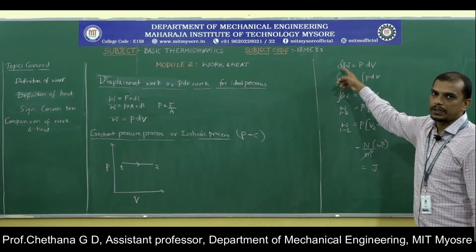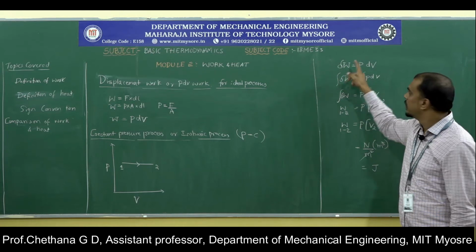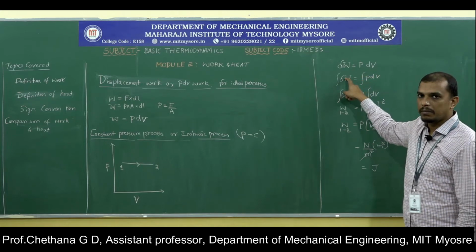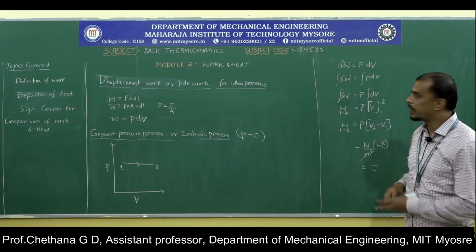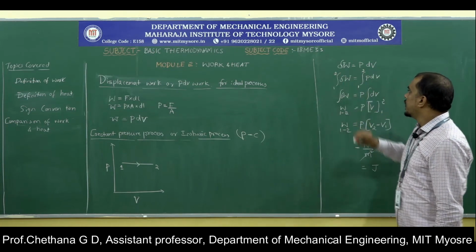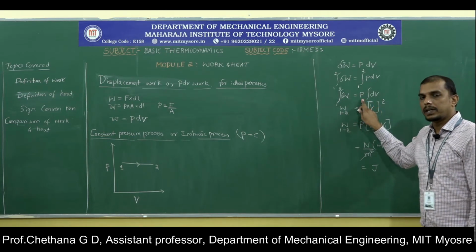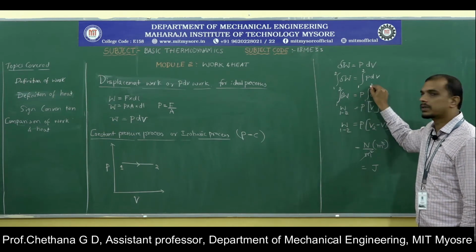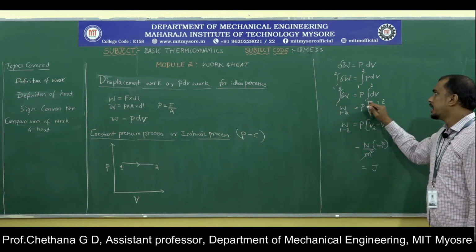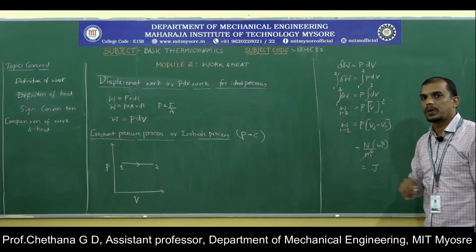So inexact differential we said, so always we write delta W, not dW, is equal to P dV, integrated between the limits 1 and 2 because the process is happening between 1 and 2. Then pressure we will take outside the integration because pressure is constant. Then the integration of 1 to 2 dV. Integration of dV is V, with limits 1 and 2.